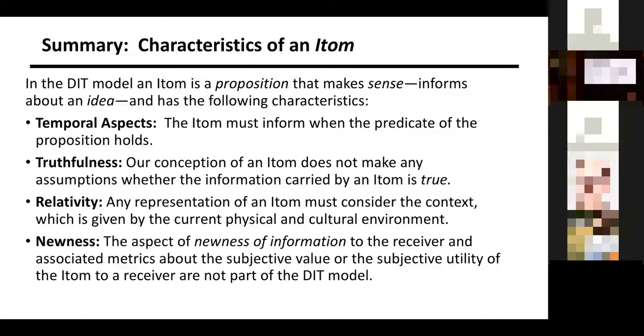And the aspect of newness of information, which is also part of some theories of information, is not part of the DIT model, because we don't know what the information content in the conceptual landscape is, and I don't think we can ever know it, so that we could say whether this proposition is new to the receiver or not.